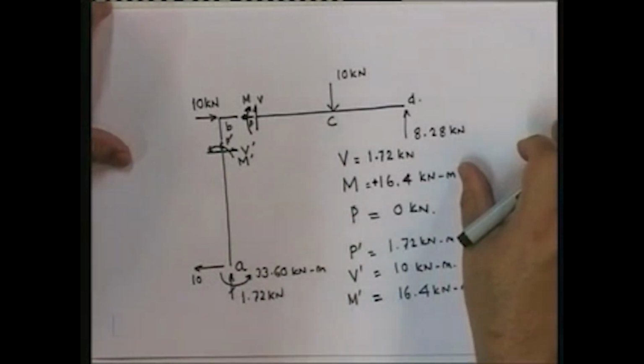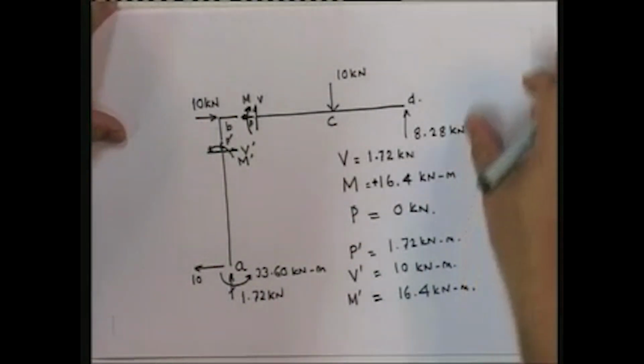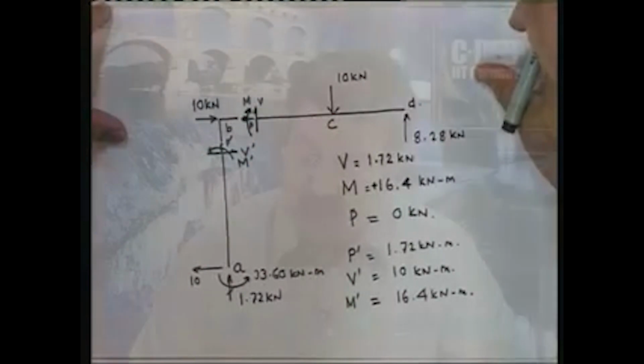Similarly, I can actually find out the forces at the joints also. Let us look at that. I'm going to spend some time looking at equilibrium here, because after this I am not going to be looking at equilibrium.